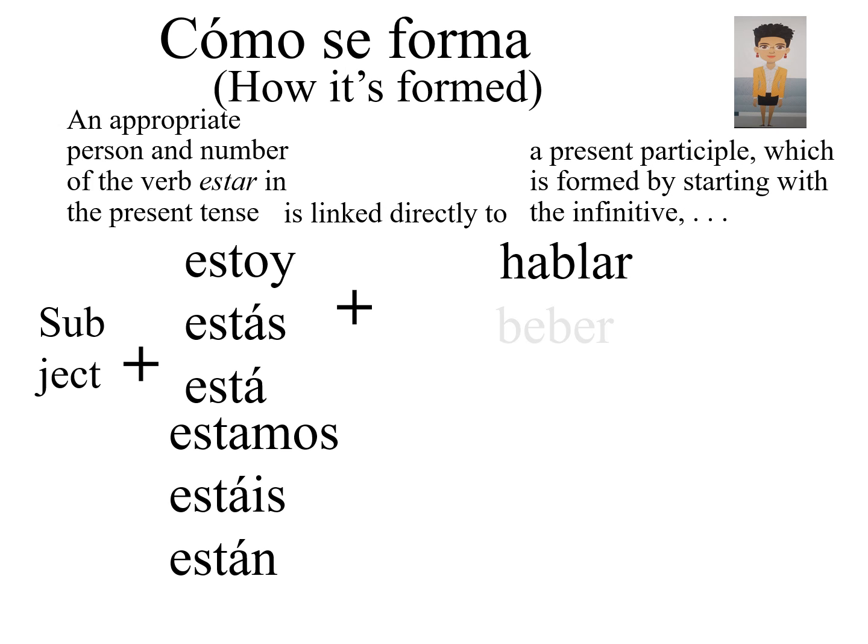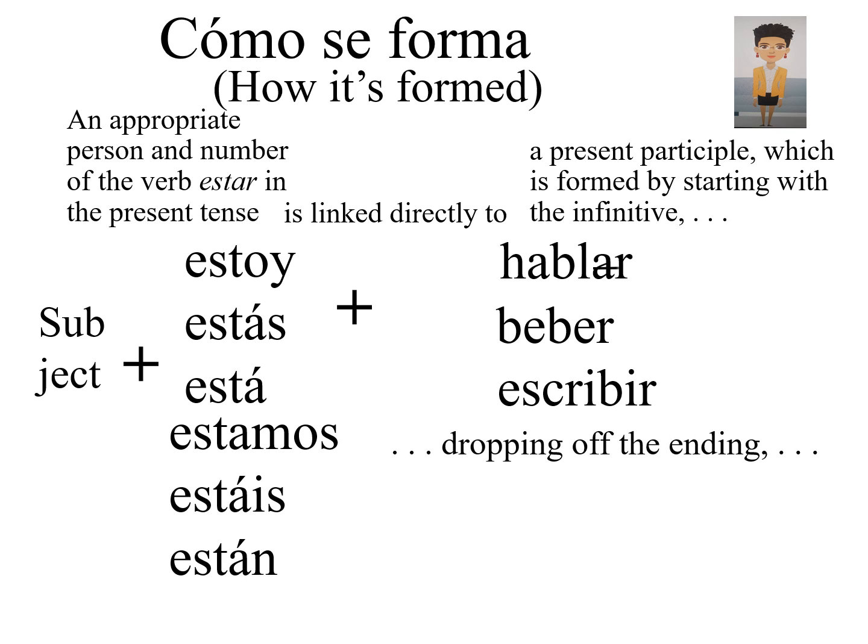Very good. And then we need to have the main action. So I say I am speaking. How do we make ing in Spanish? Well, remember we have AR, ER, and IR infinitive verbs. We're going to drop the ending.